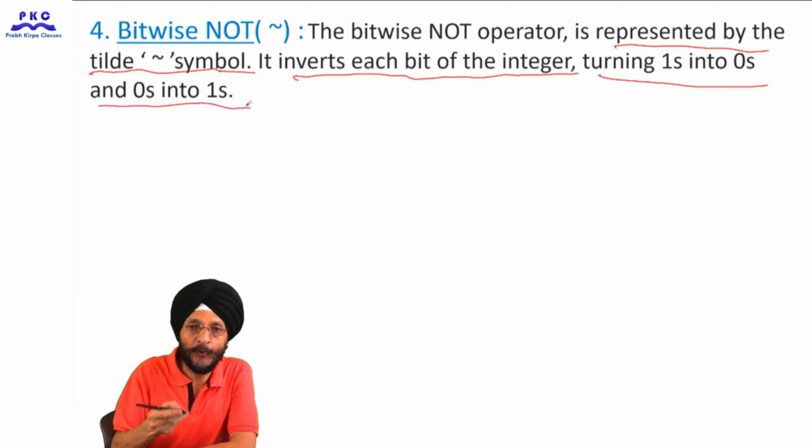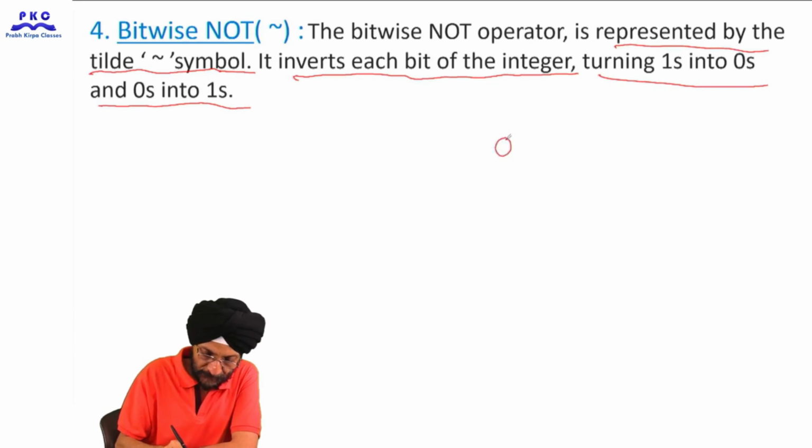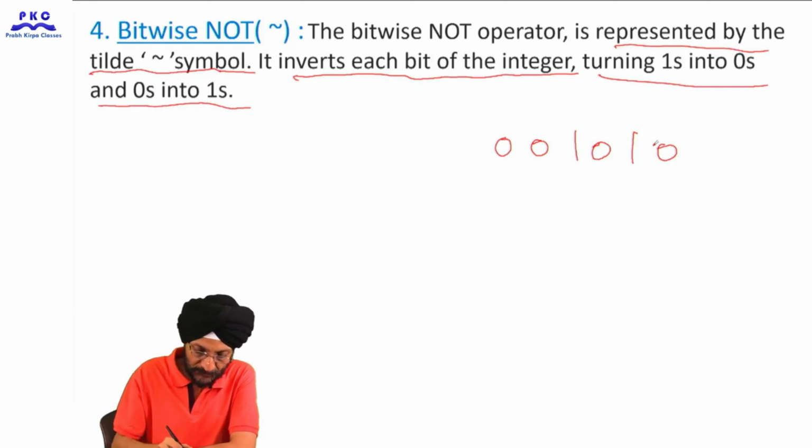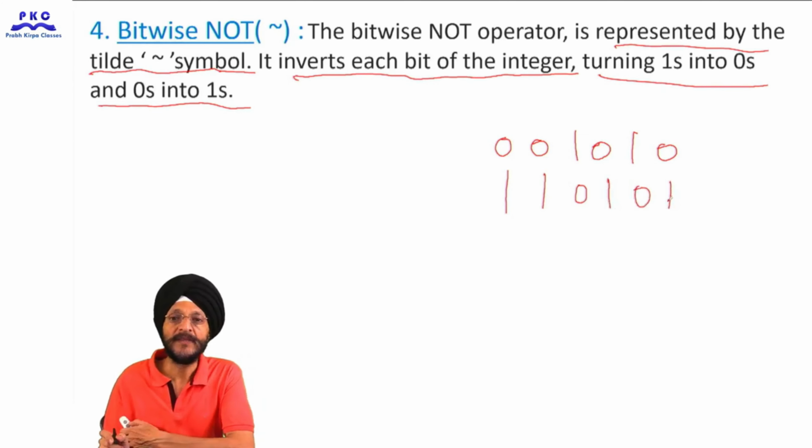What does it mean? Suppose the bit value of a number is, say, this. Now this bitwise not operator will invert each of these bits. 0 will become 1, 1 will become 0, 0 will become 1, 1 will become 0, 0 will become 1.